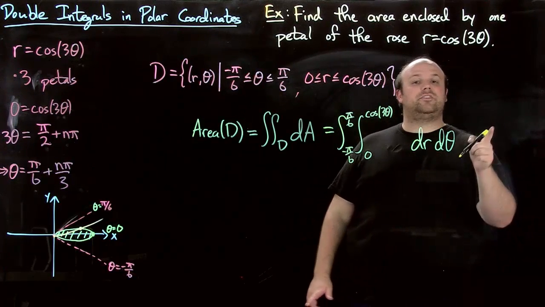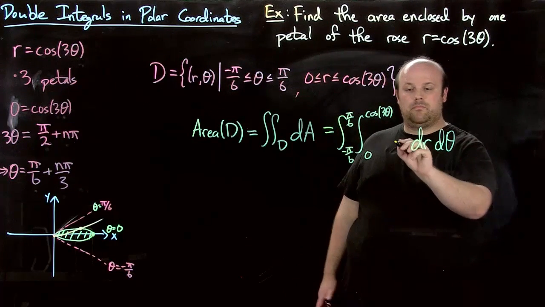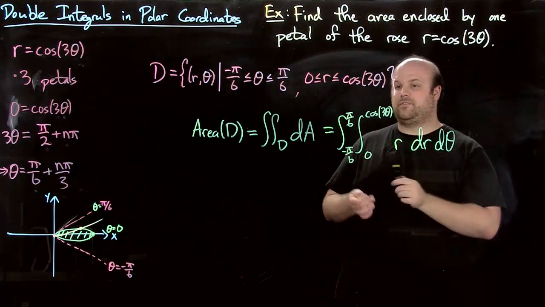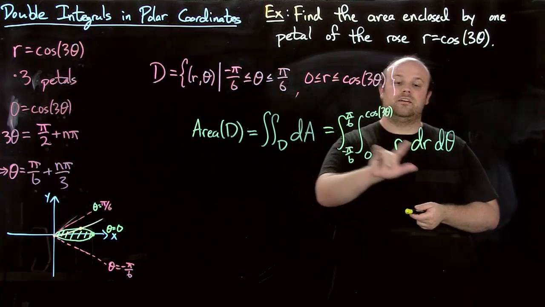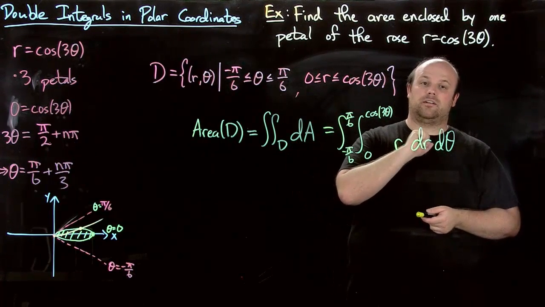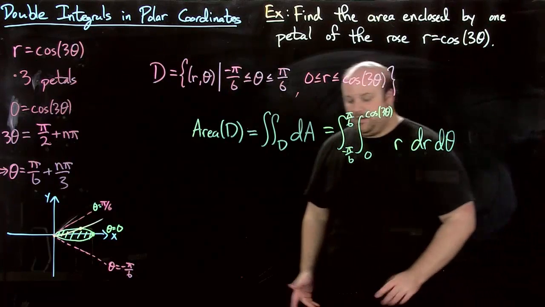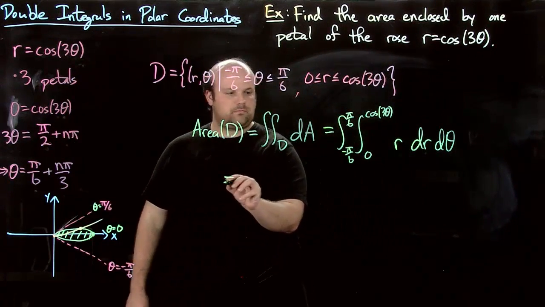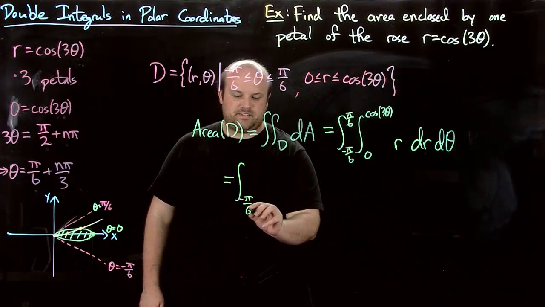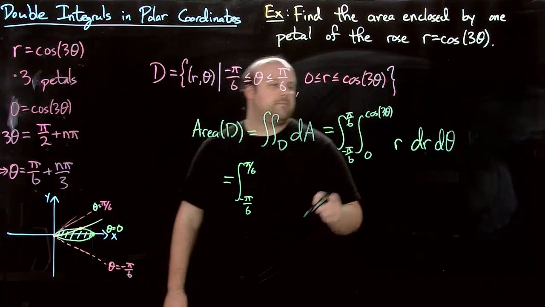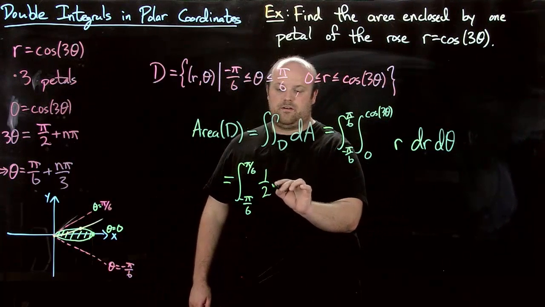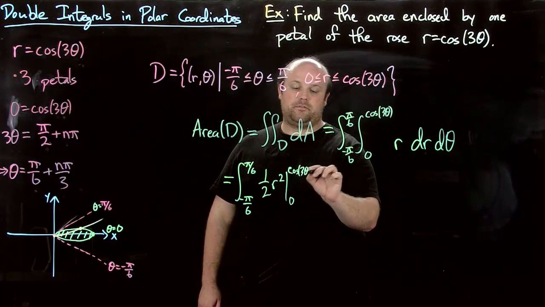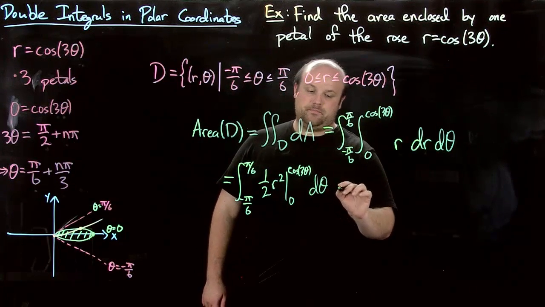But then there's the guy you should never ever forget about, r. Don't forget this guy. It's very crucial when you're changing from dA to polar that you get that r in there. And then now we just do the integral, from minus pi over 6 to pi over 6. If we integrate that, we have 1/2 r squared from 0 to cosine of 3 theta, d theta.